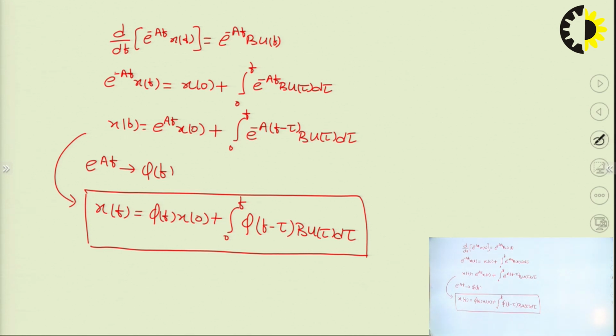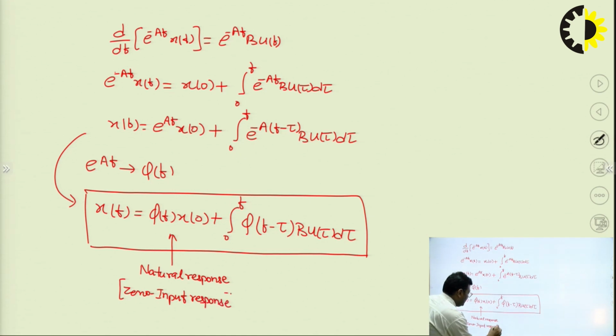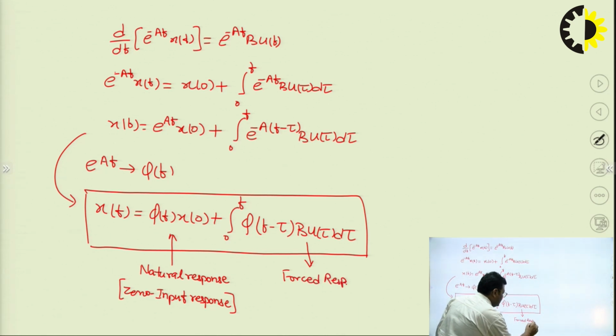In this equation, on the right hand side, the first term is representing the natural response, or we can say zero input response, and the second term is representing the forced response, or we can say zero state response, right?